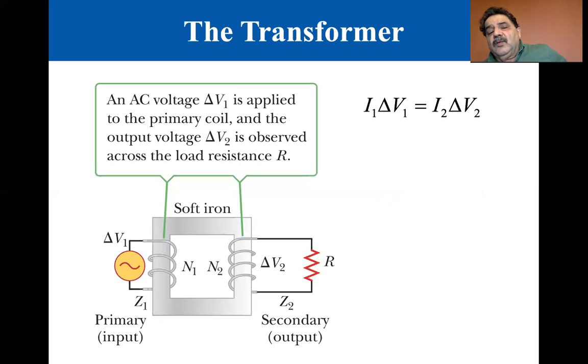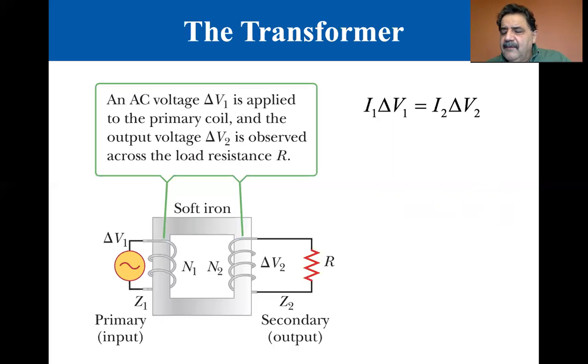Now you might think that we get something for nothing, but that's not the case, because the power is going to remain the same. So I1 times delta V1 equals I2 times delta V2. If you have a step up, you may get 10 times as much voltage, but you get a tenth of the current.